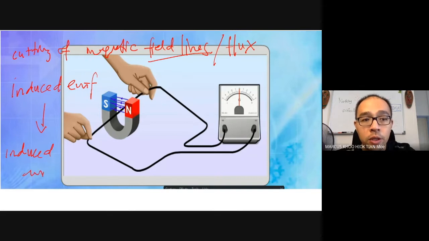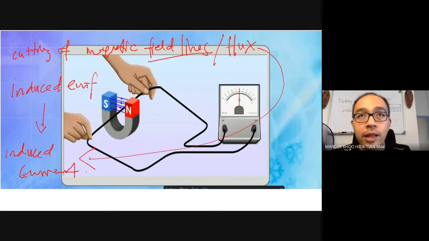Okay, so I'm going into a little bit of detail, which is the correct step. Biasanya orang akan lompat terus dari sini pergi sini. The cutting of the magnetic field lines will produce an induced current. That's it. But actually what happens is the cutting of the magnetic field lines will induce an EMF that will cause the current to flow. And this current is called the induced current.